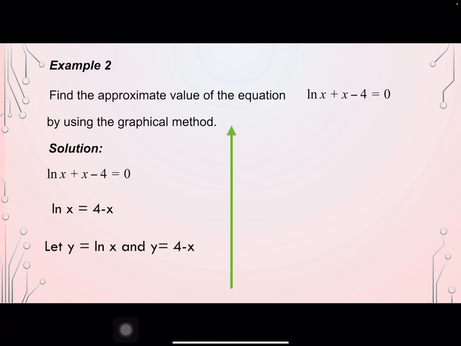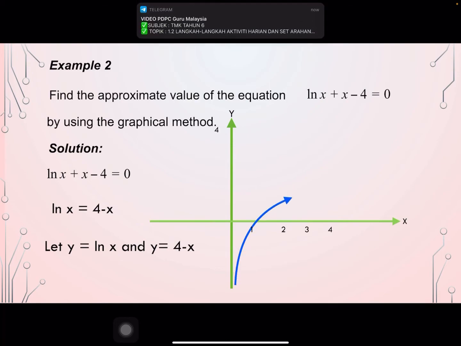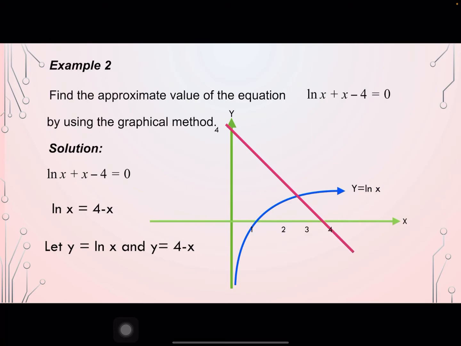So we'll have here the y-axis, the x-axis, and then we mark on the x-axis and also on the y-axis. And this is the curve of ln x. Then this is the graph of 4 minus x.